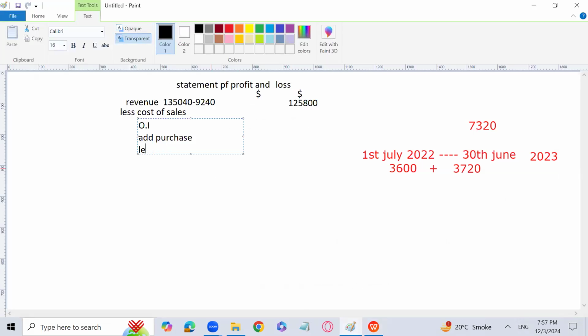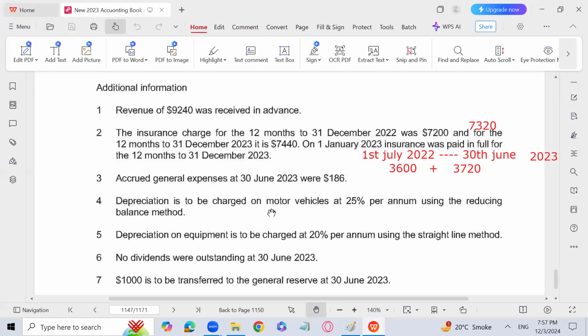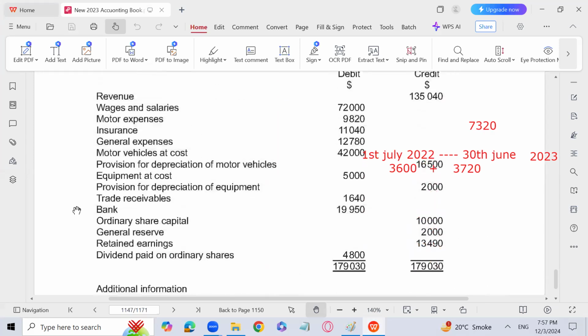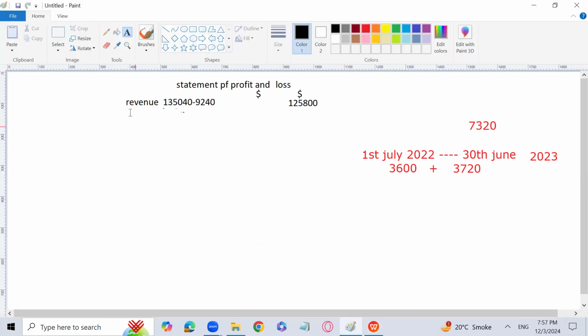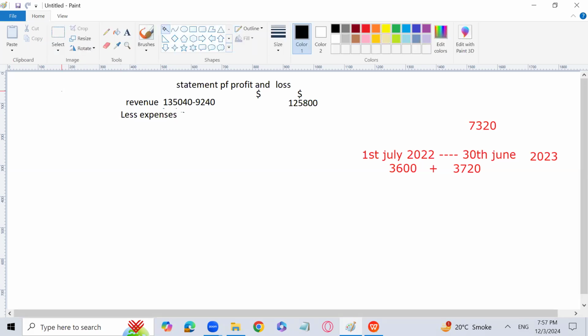So I have to subtract it down because there is not going to be any cost of sales. There is only revenue or income, and we will subtract expenses from the income to find the profit. Let's see whether we have some other income given in the question. There is no other income available in the question. So I will write less expenses, because it's a service business, and I will subtract expenses and get the answer.